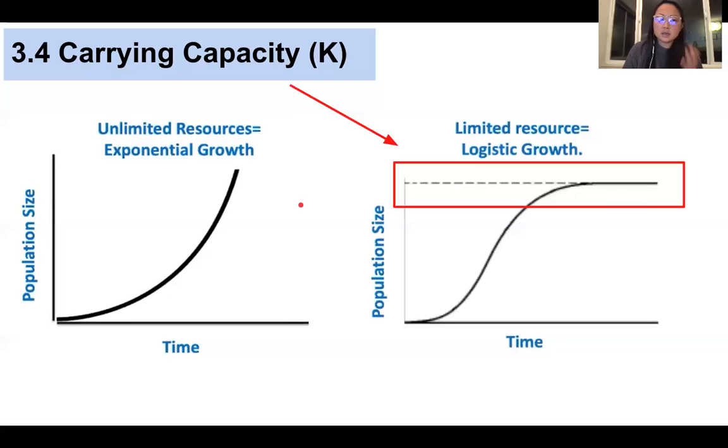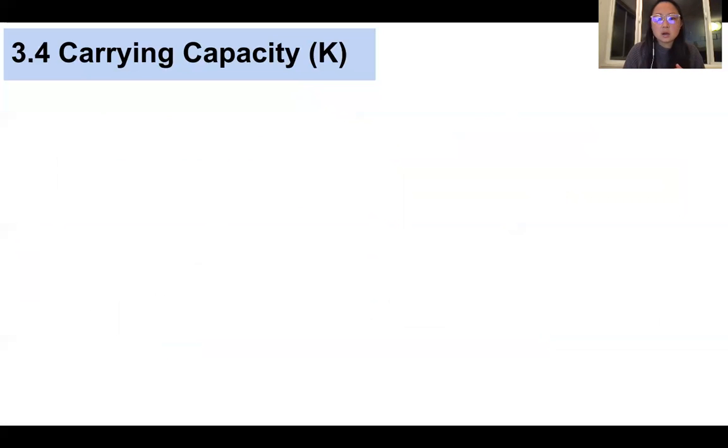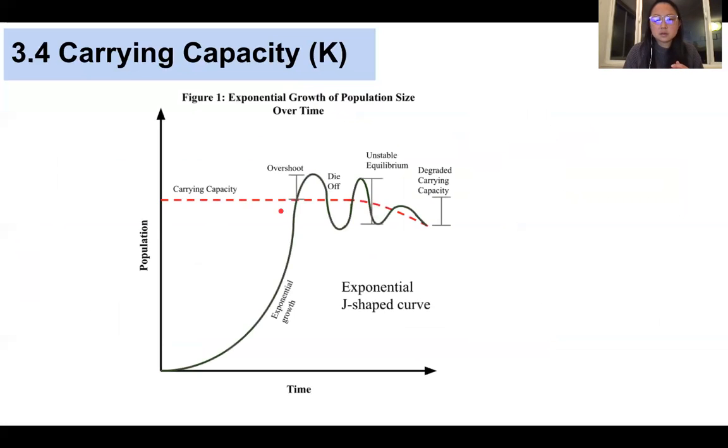To think about carrying capacity in a little bit more depth, I want to show you this graph. Here you can see a more realistic depiction of what would happen if a species were introduced into the ecosystem, and its growth pattern over time as an entire population.